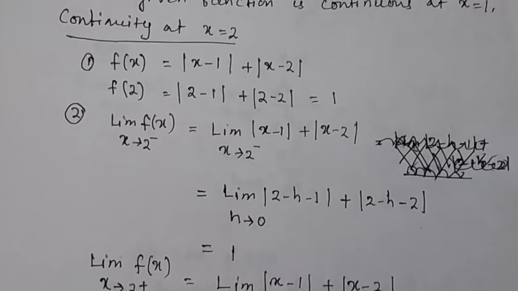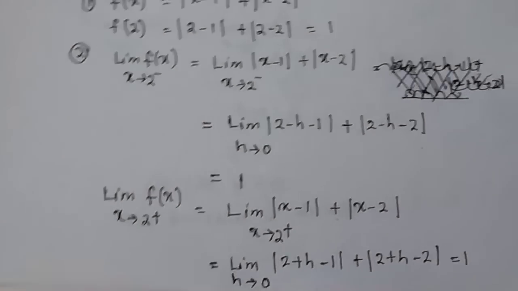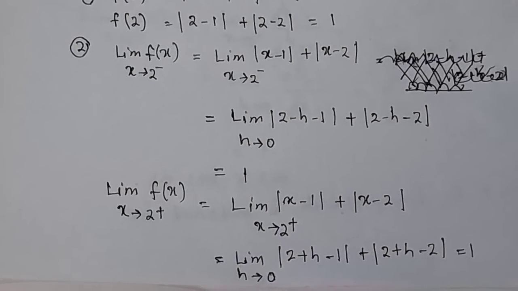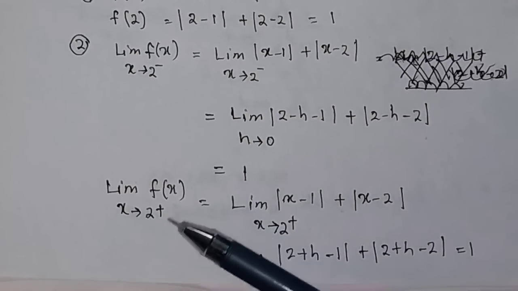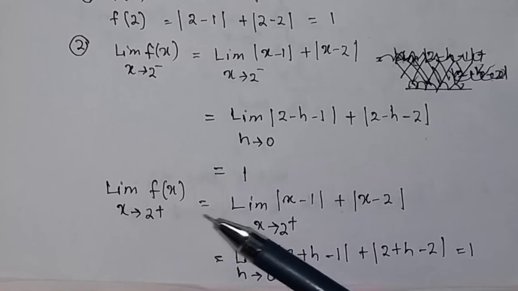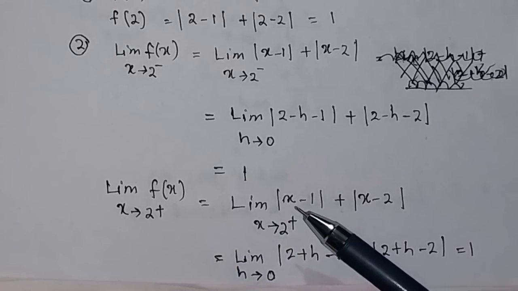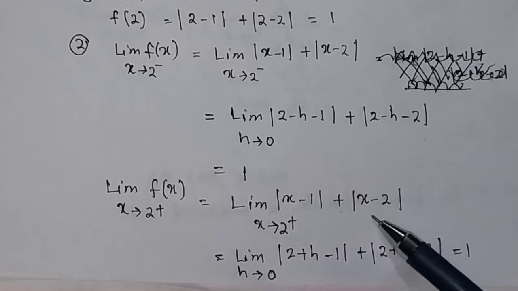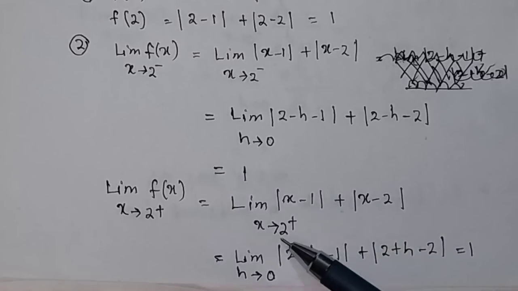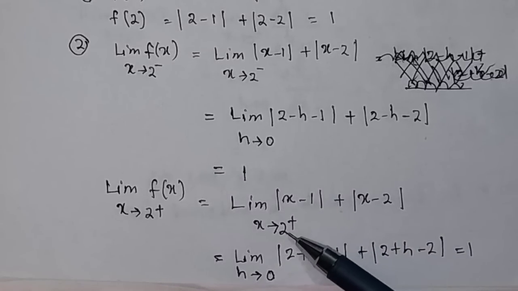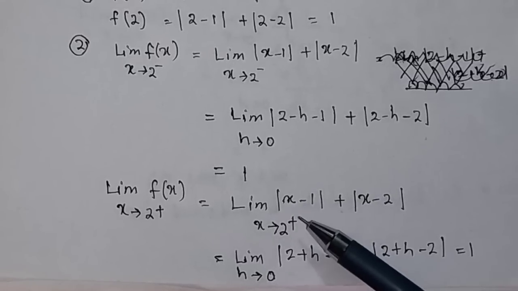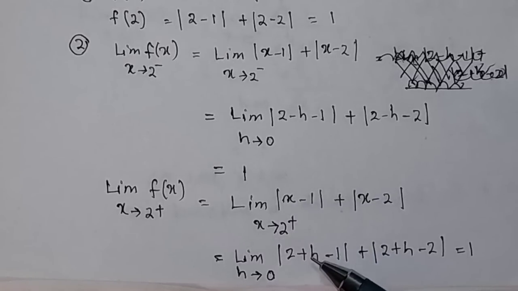Now let us check the right hand limit of the function. What will be the right hand limit? Limit of f(x) as x approaches 2 plus is equal to the limit of |x - 1| + |x - 2| as x approaches 2 plus. Here the value of x is slightly greater than 2, so you substitute x equal to 2 + h.